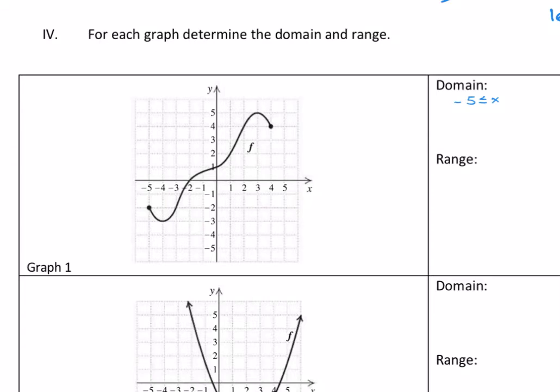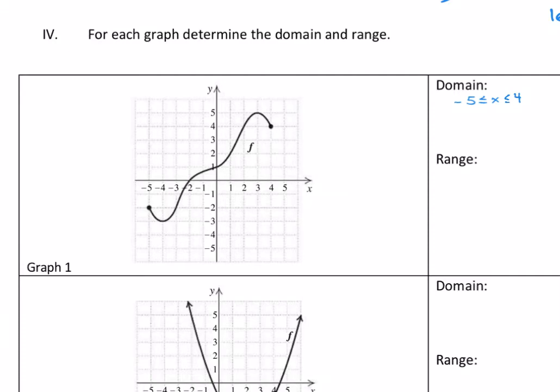And then we want our rightmost x coordinate. If we continue this graph to the right, it stops right here. And what is our x coordinate of that point? It is a 4. So my x values are going to be between -5 and +4. -5 and +4 are both included.